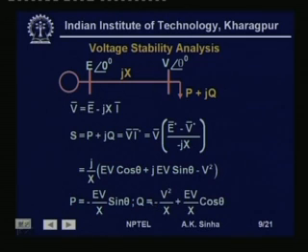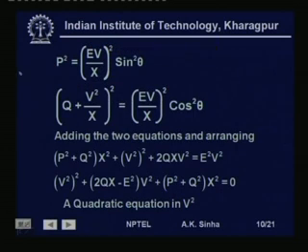Now, we can write this as Q plus V square by x is equal to EV by x cos theta, and we can square both the equations. So, squaring both the equations, we will get P square is equal to (EV by x) whole square into sin square theta.